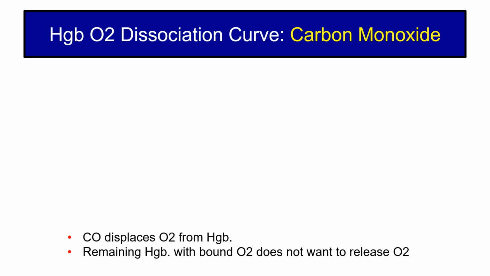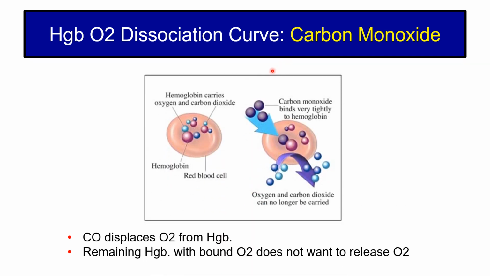So let us now analyze what is going to happen to the hemoglobin O2 dissociation curve during carbon monoxide poisoning. As illustrated here, during carbon monoxide poisoning, the carbon monoxide displaces the oxygen and carbon dioxide from the hemoglobin, and therefore the transport of oxygen and carbon dioxide is severely hampered.